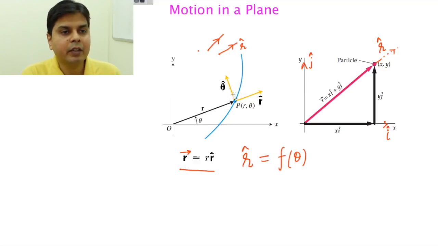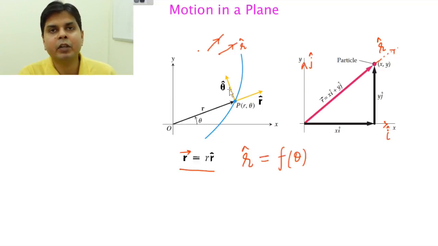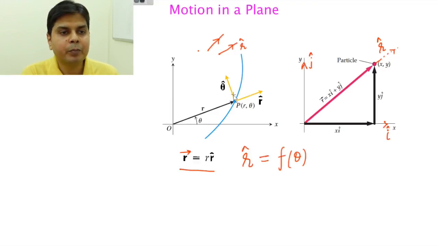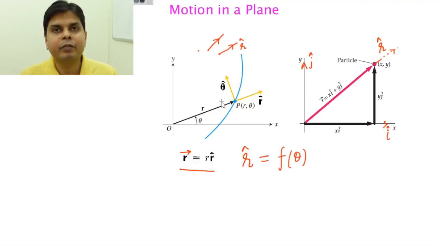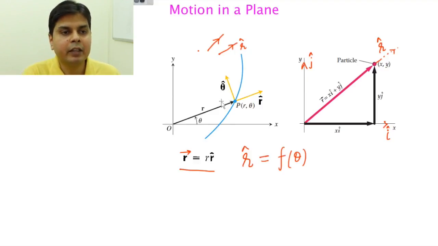So I have taken another unit vector, theta cap, called the tangential unit vector, which is perpendicular to r cap. Using r cap and theta cap I can describe the position. Obviously position can be described without theta cap also, but for describing velocity and acceleration I will take help of both r cap and theta cap, when the particle is moving in a plane.